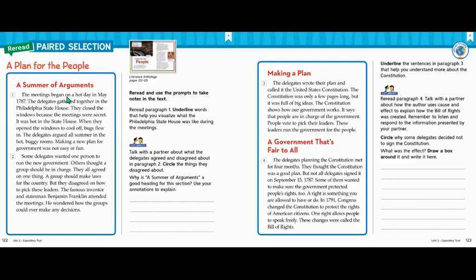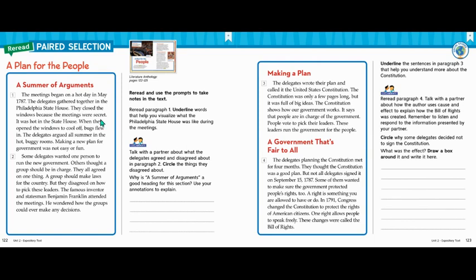The meeting began on a hot day in May 1787. The delegates gathered together in the Philadelphia State House. All right, we're getting close. It's telling us where they're meeting. They closed the windows because the meetings were secret.